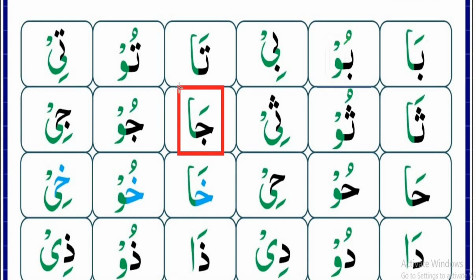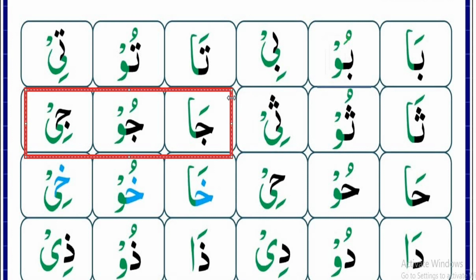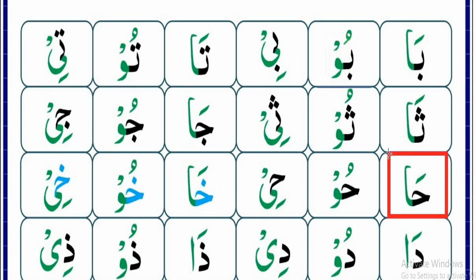Jim alif fatha ja, jim waw dhamma ju, jim ya kasra ji, ja ju ji. Ha alif fatha ha, ha waw dhamma hu, ha ya kasra hi, ha hu hi.